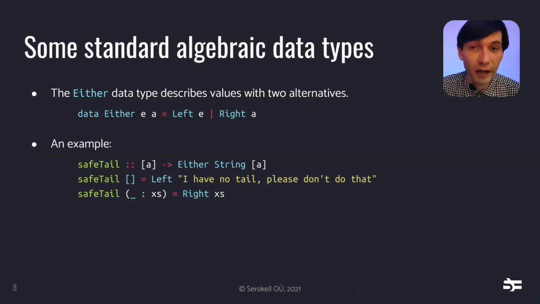Here is our final example. Here we have the data type called either, and this data type describes values with 2 alternatives. Either E A is either left E or right A. That is, we have either the left constructor that stores some value from E, or we have the right constructor that stores some value from A. Here's an example.